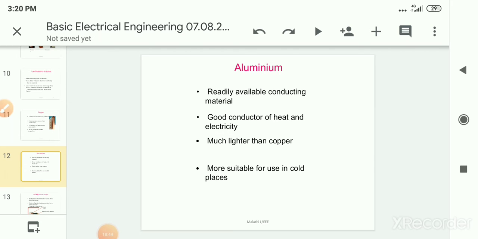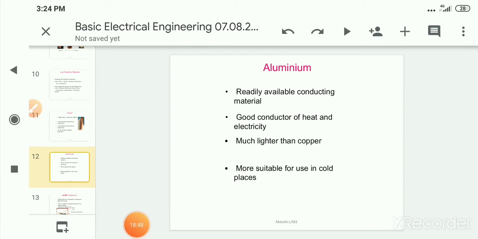It is much lighter than copper. This aluminium has very good mechanical strength also. But what is the disadvantage? The disadvantage of aluminium is that it has high contact resistance and hence it is difficult to solder.